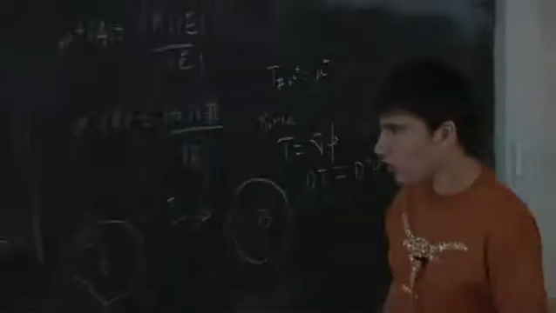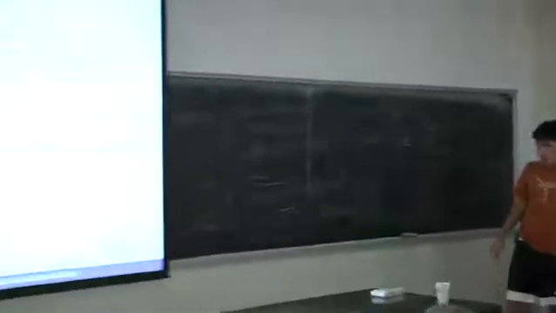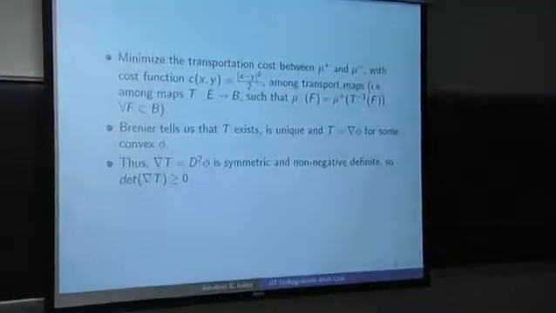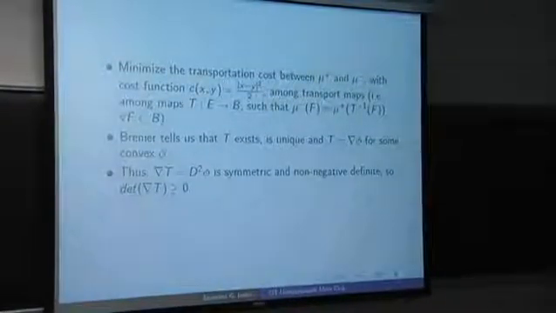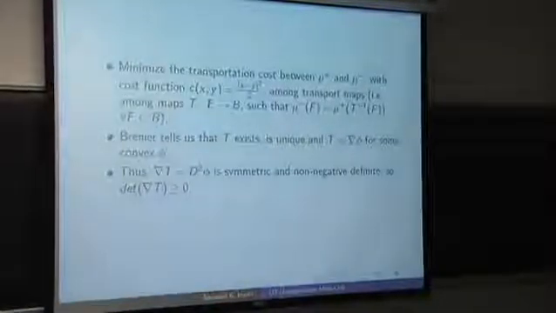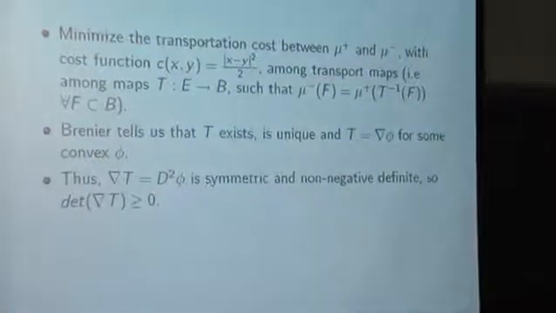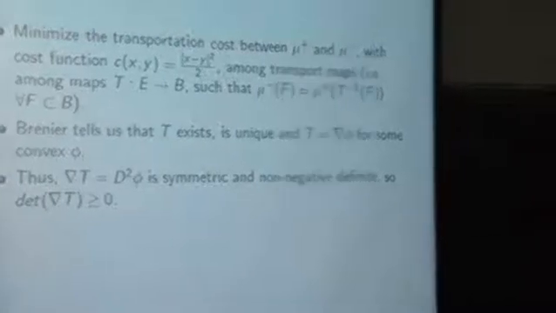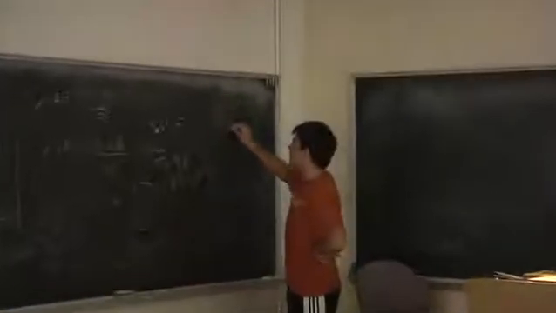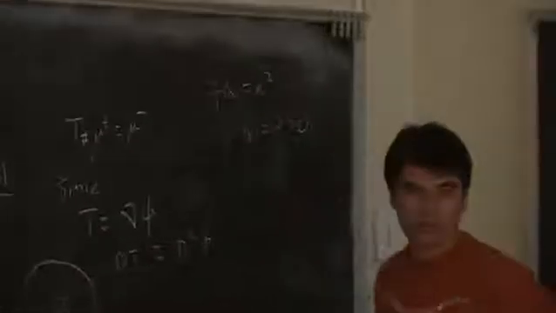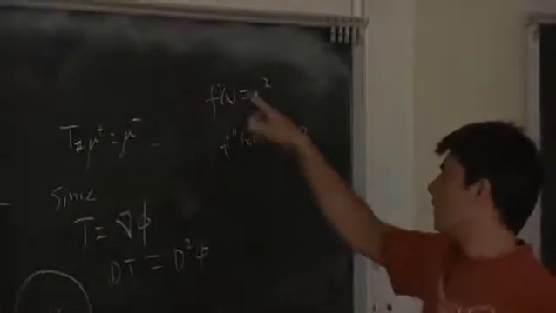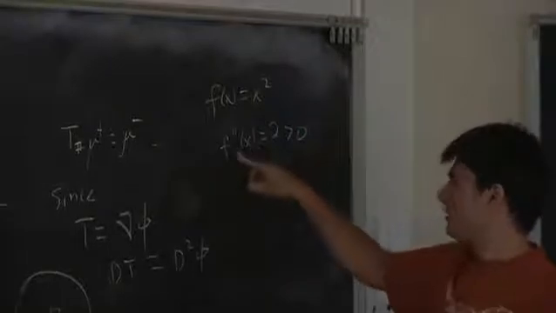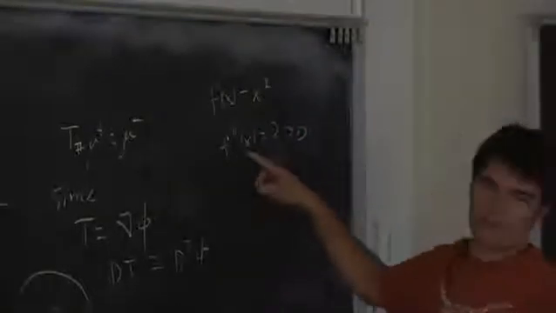And because the function is convex, the determinant of this matrix is actually greater or equal to 0. Just think of, how about f of x equals x squared? F double prime of x is equal to 2, which is positive. Right? So in just one variable, the Hessian is just the second derivative.